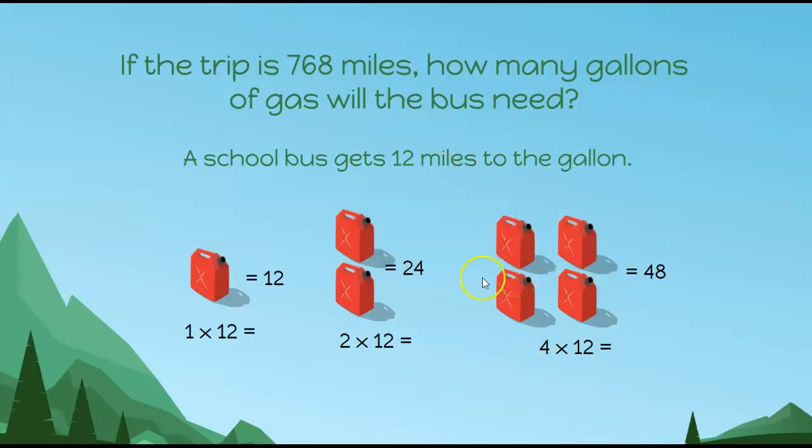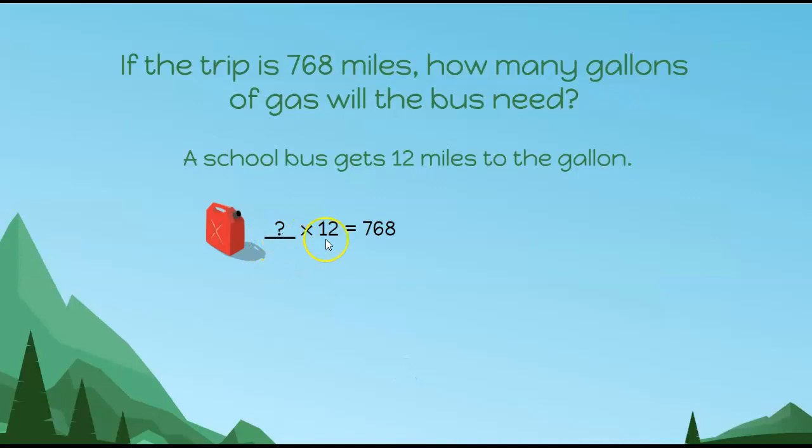That's what we're looking for, right, the gallons to get our answer. But our answer is very big. It's 768. So we have to multiply something times 12 to get 768. Or, remember, inverse operation, divide 768 into 12 groups, right? And then that will tell us how many gallons of gas we need.